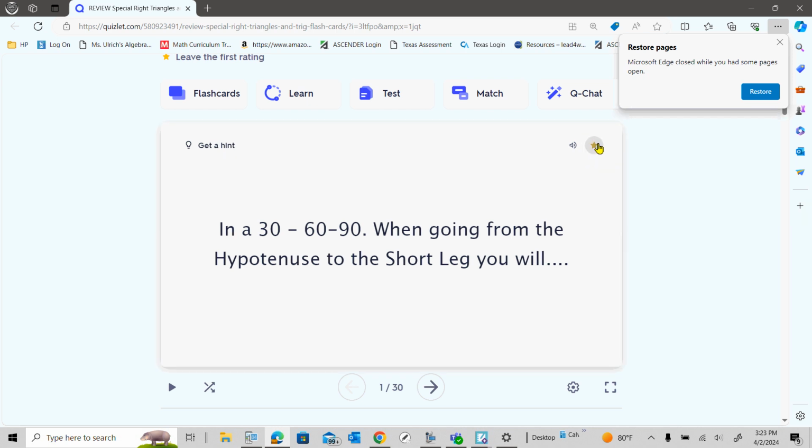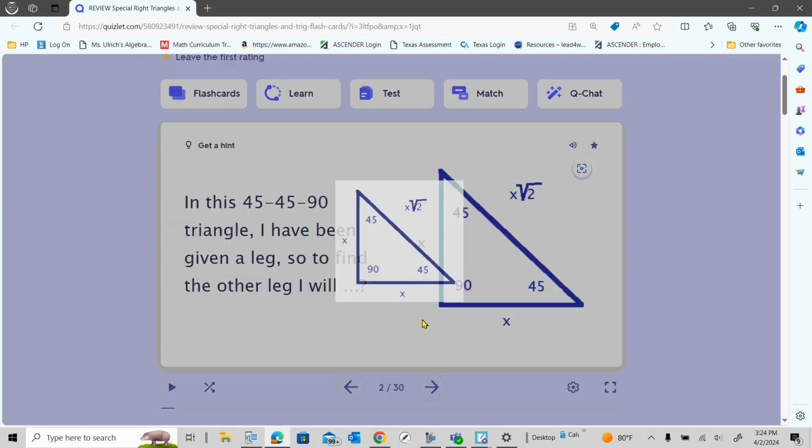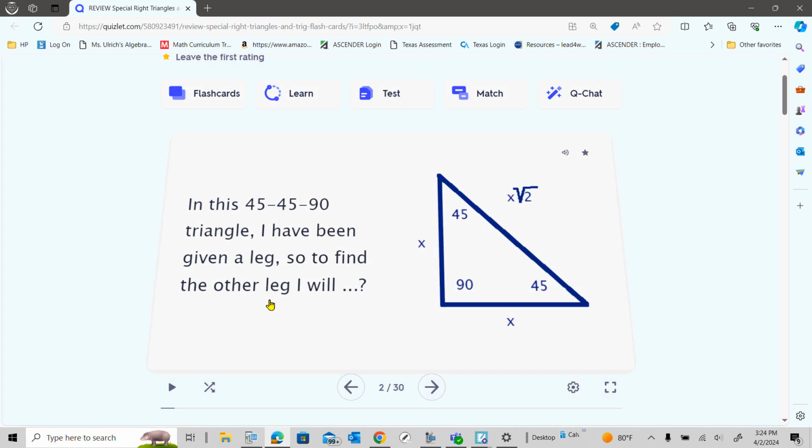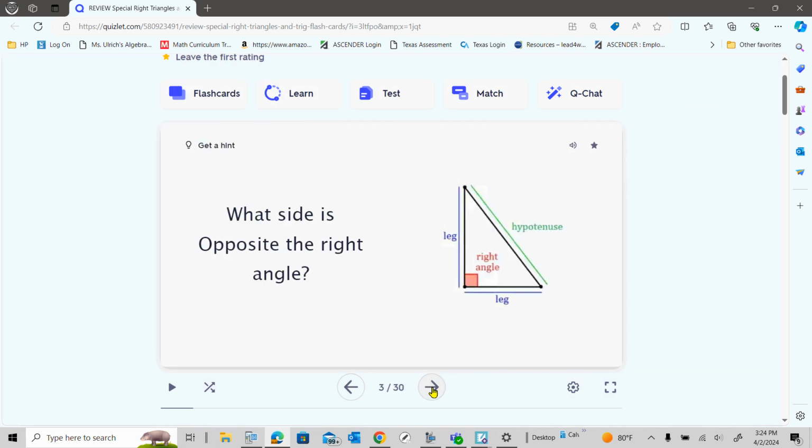In this triangle, I've been given a leg. To find the other leg, what will you do? Then just click. That's the picture. Use the same leg for the second. Okay, the legs are the same. What side is opposite? So this just makes sure you understand the part. I would definitely use this to help you study. All right. Thanks, guys.